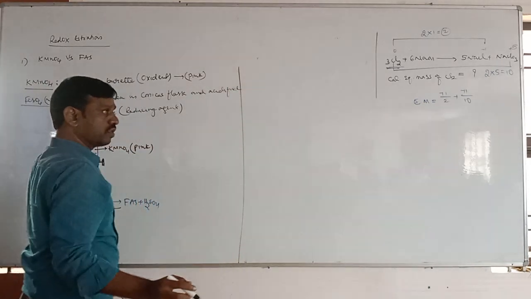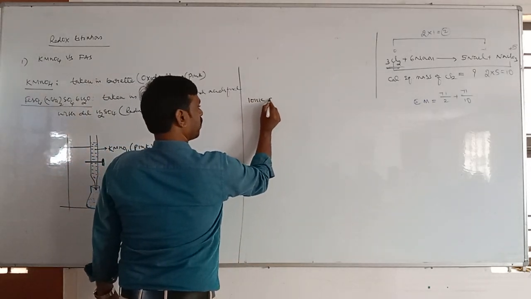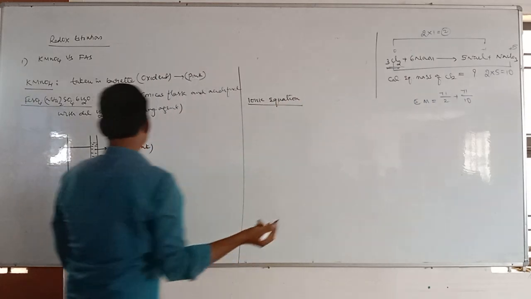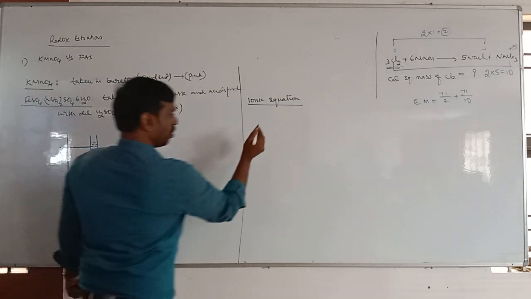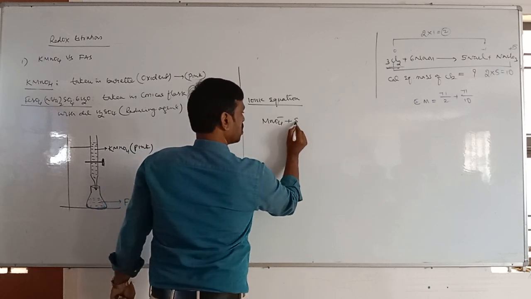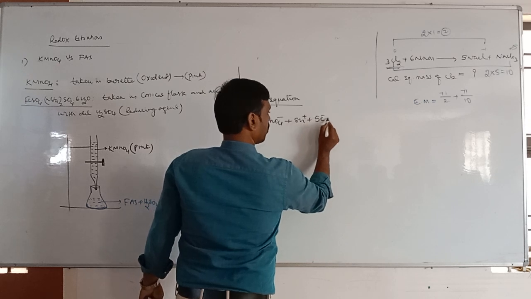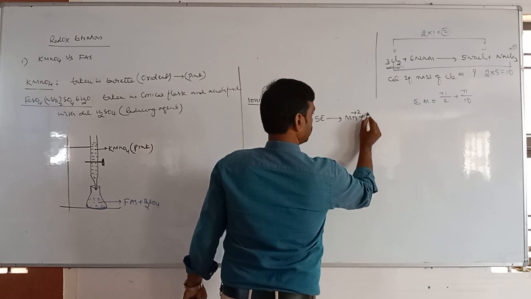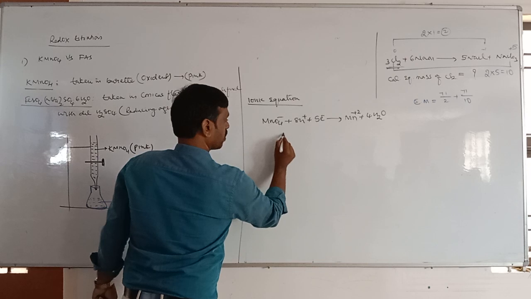Okay. Next is, what is the equation? Ionic equation. We have been studying the same equation for 2-3 days. There is KMnO4 and FAS. What is the ionic equation? MnO4 minus plus 8H plus plus 5 electrons gives Mn2 plus plus 4H2O. Next, what about FAS?